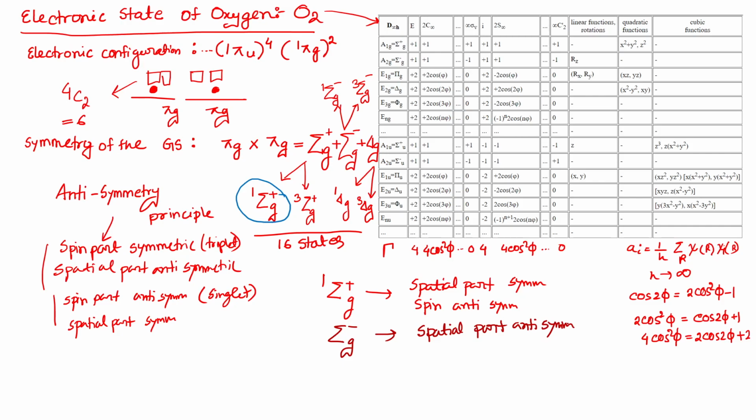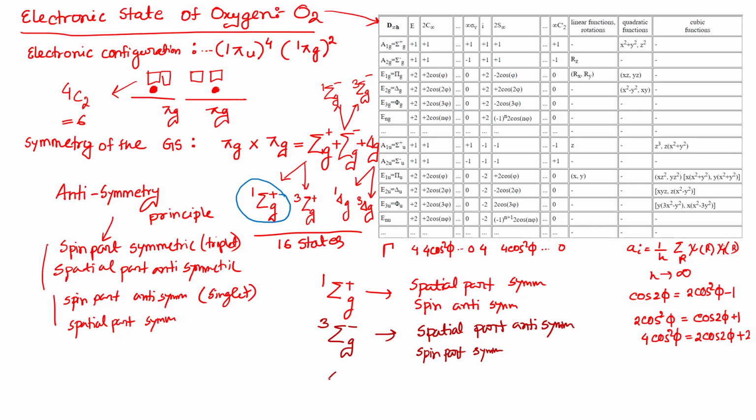Okay. If the spatial part is antisymmetric, then with respect to inversion, it is symmetric, if you see it here. But with respect to the infinite number of C dash 2, it is actually antisymmetric. Then your spin part should be symmetric, and that is only possible for your triplet cases, right?